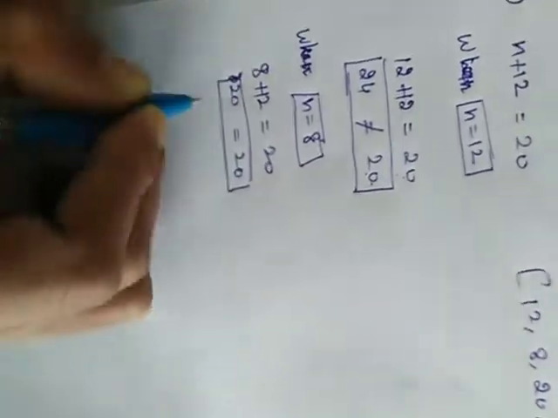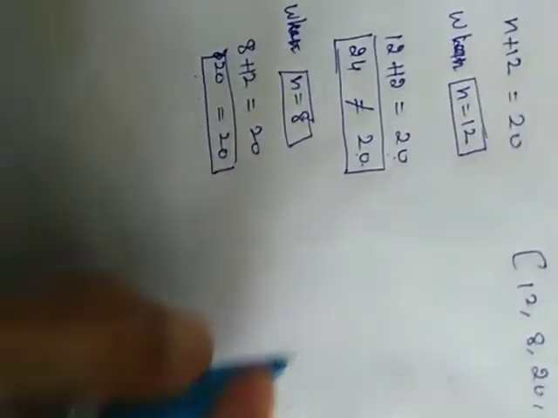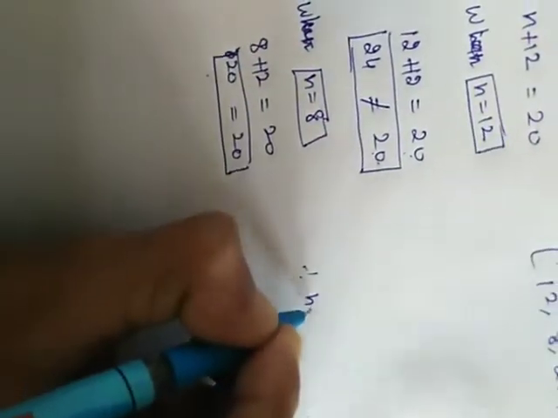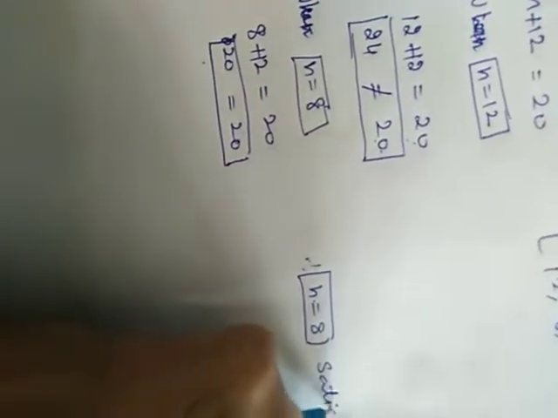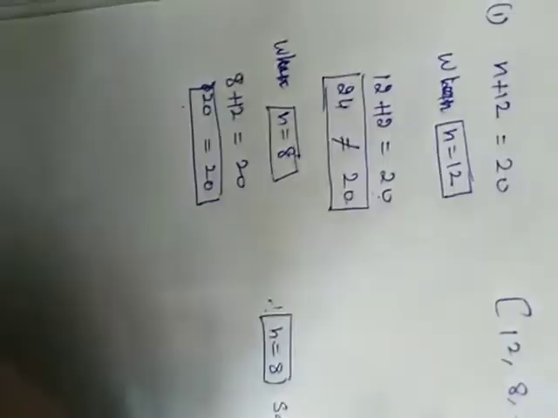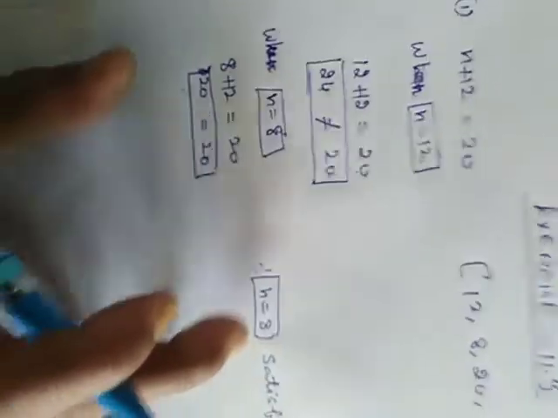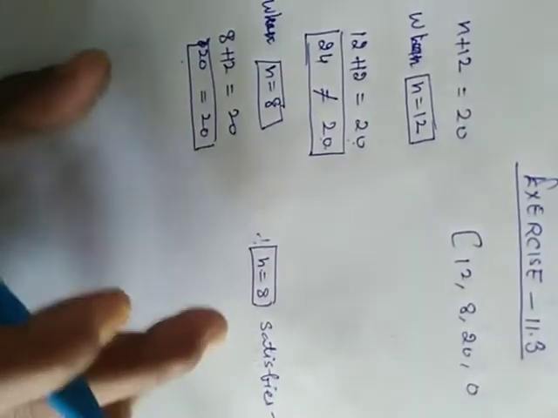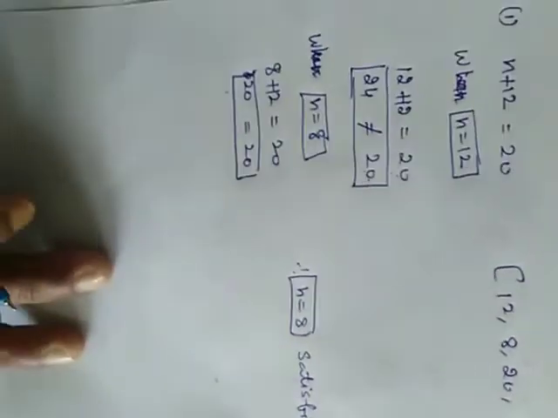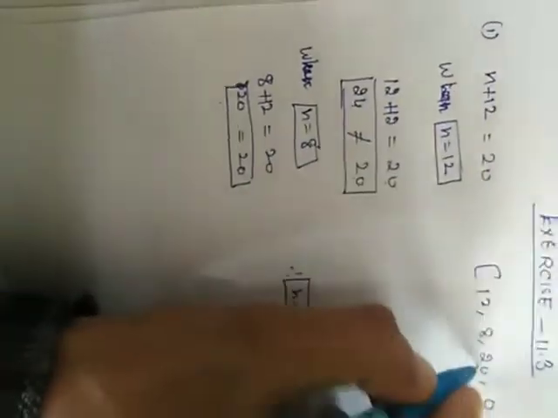Hence both the right hand side and left hand side are equal, so therefore n is equal to 8 satisfies the equation. Means for this value of the variable, both sides of the equation are true.